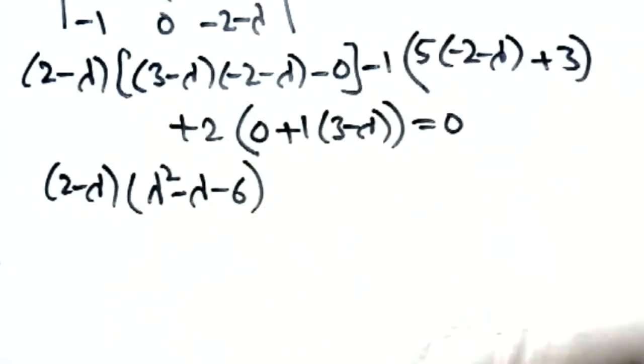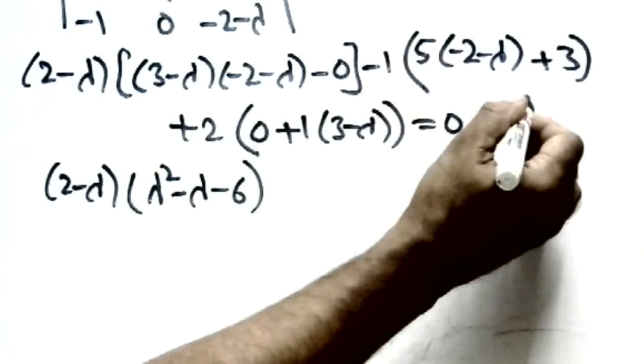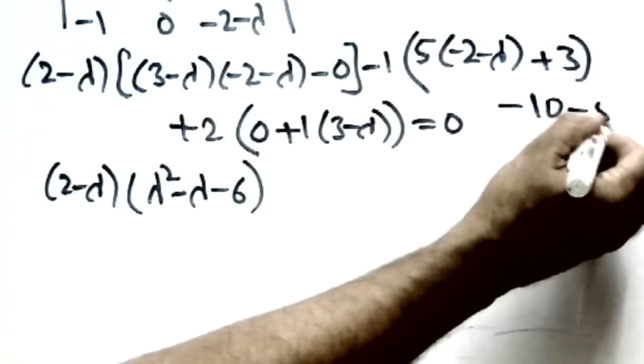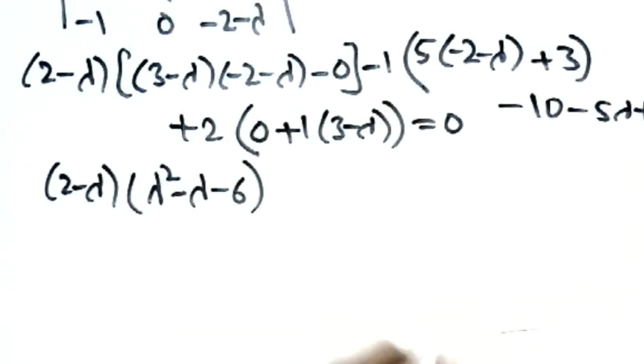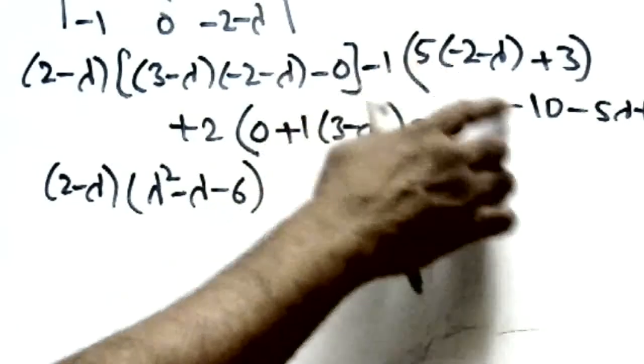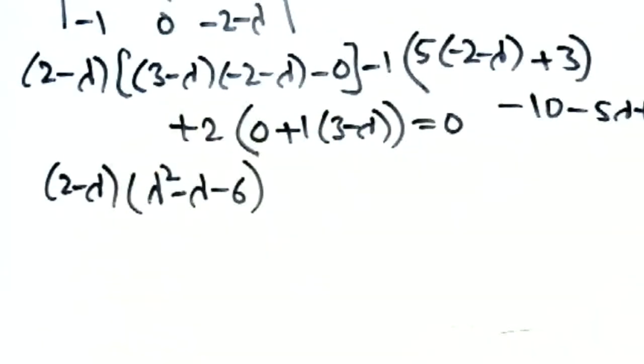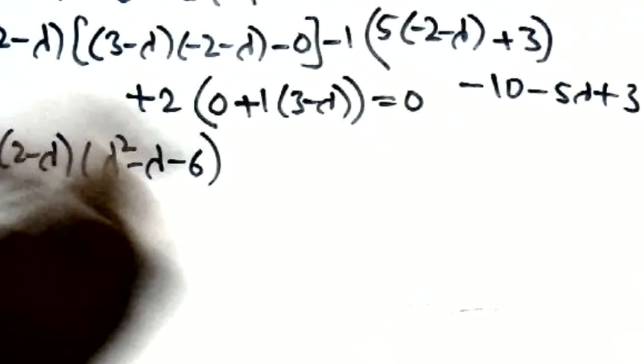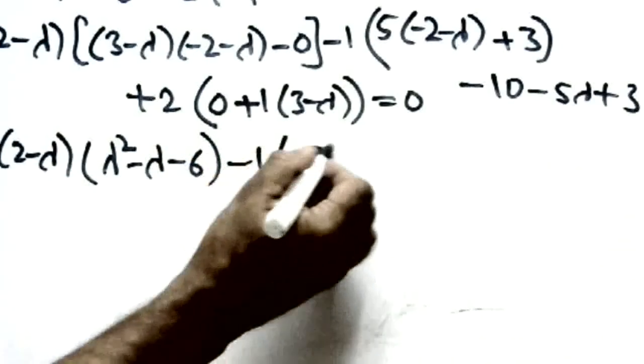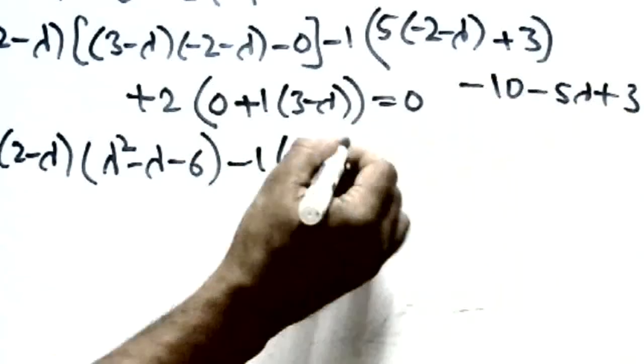Next one, we have to multiply this one. So plus into minus, minus 5 2s are 10, minus 5 lambda plus 3. If I write first lambda, it is minus 5 lambda.